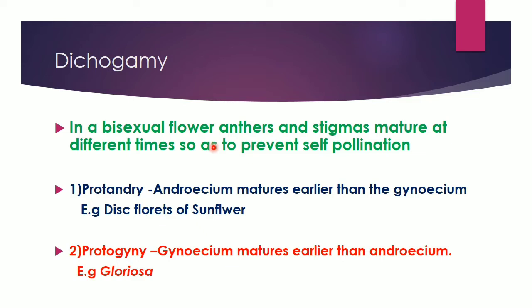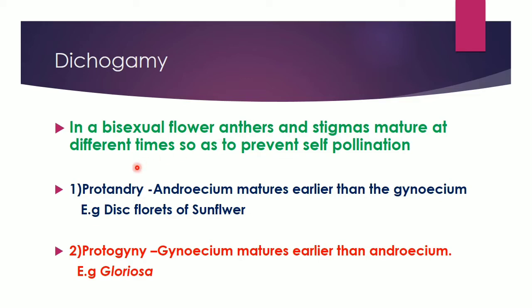If the anther matures first, naturally the stigma is not mature at that time, so these pollen grains will be carried to other flowers and cross-pollination will take place. So when in a bisexual flower, anthers and stigmas do not mature at the same time, that phenomenon is known as dichogamy. It is to prevent self-pollination.